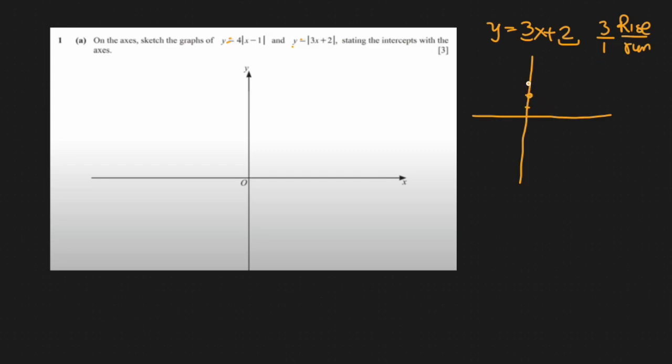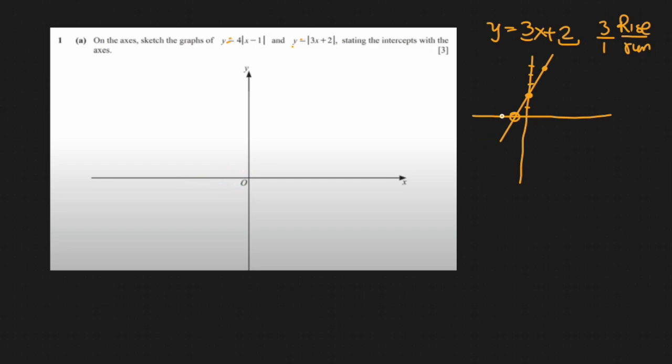So how can I draw a graph where the rise is 3 and run is 1? I can rise 3, 1, 2, 3 and run positive 1 in this direction. This was the first point from where I started. I finished here and I can join them and I get the graph. That means it is crossing the x-axis somewhere on the negative side.